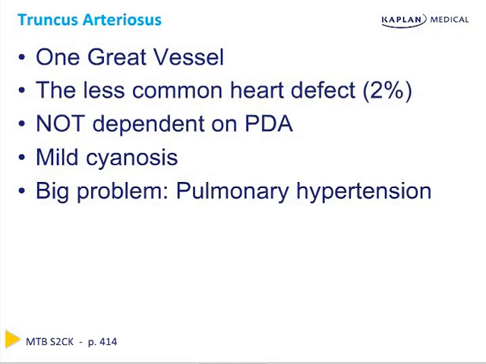But if you put those pieces together and they have to share basically one big ventricle to go through one common artery, then the same pressures that are going to be applied to push blood through the whole body are now being applied to push blood through the pulmonary vasculature. This creates incredible pulmonary hypertension and can lead to irreversible pulmonary vascular damage. And that's why you have to correct this with surgery.